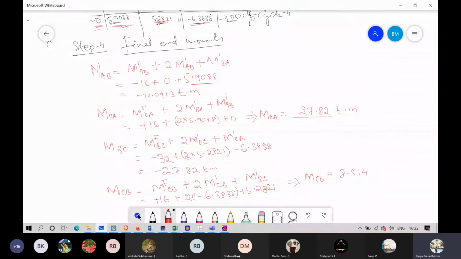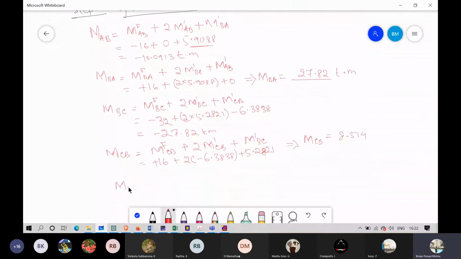What will be the next value? MCD. MCD equals MFCD plus twice M dash CD plus M dash DC. How much is MFCD? MFCD is plus 1.